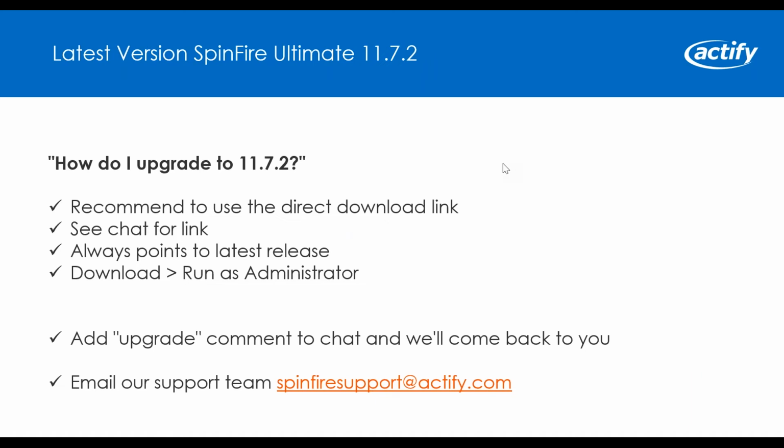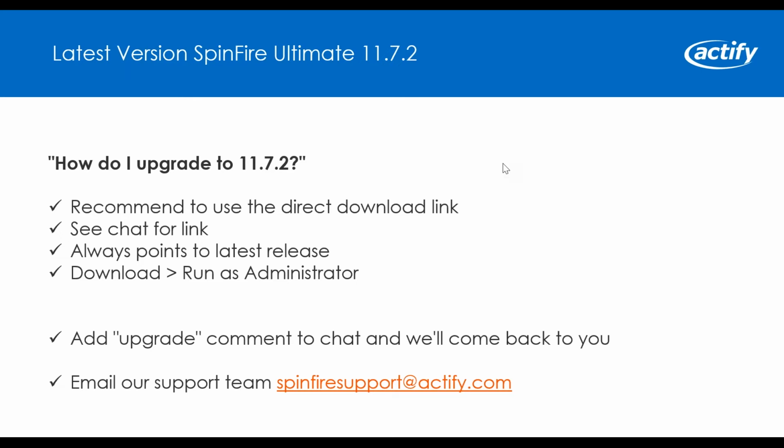And how do you upgrade? We recommend using the direct download link. And I believe Mark is just going to copy that into the chat for you. This link always points to the latest release of SpinFire.